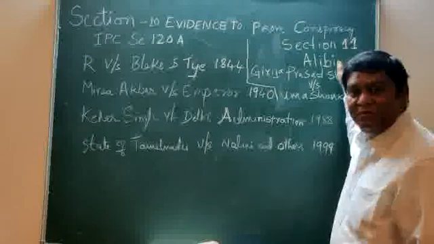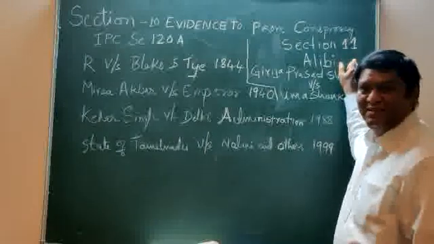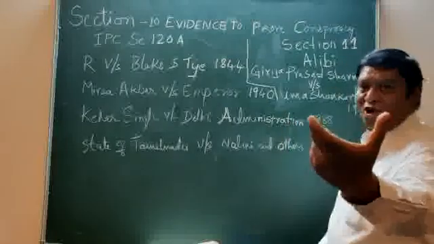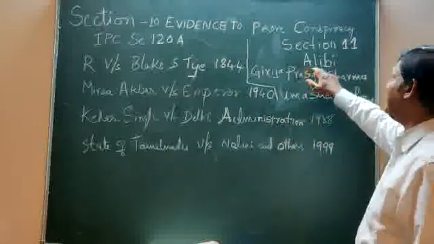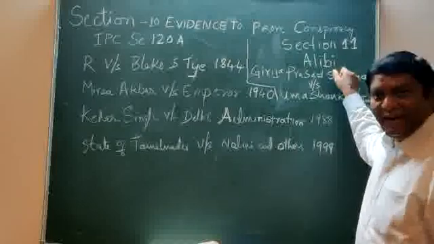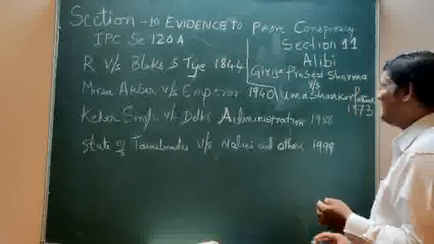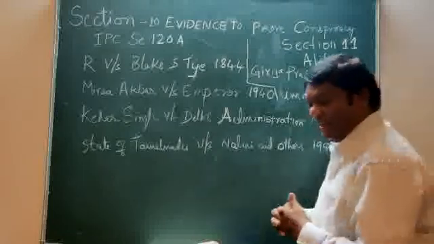We will go to the next important section, that is section 11. In short, it is called alibi. A-L-I-B-I. Alibi. What is this word?